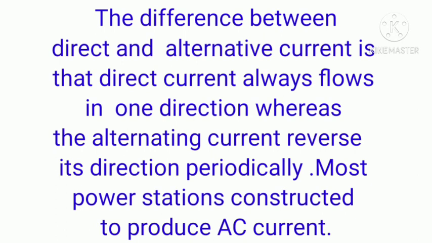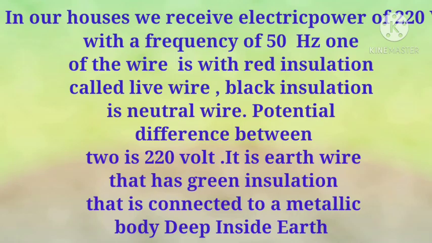Most power stations are constructed to produce alternating current. In our houses, we receive AC electric power of 220 volt with a frequency of 50 Hz.